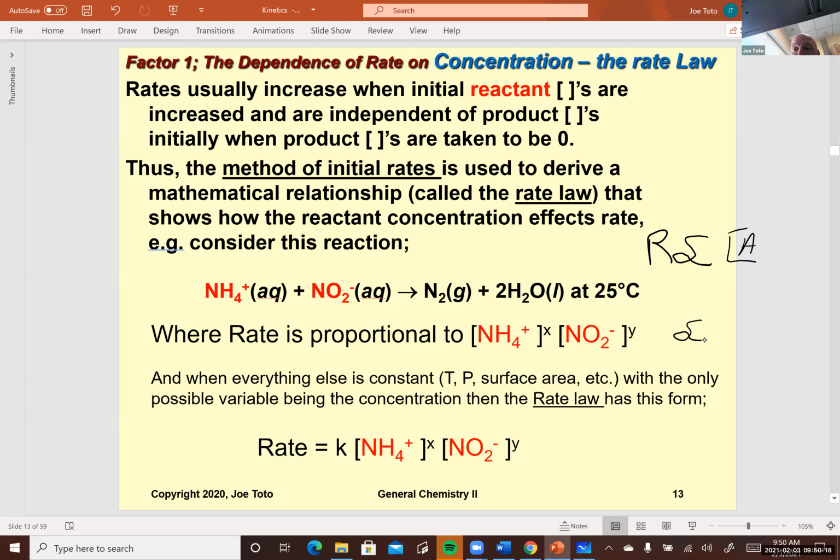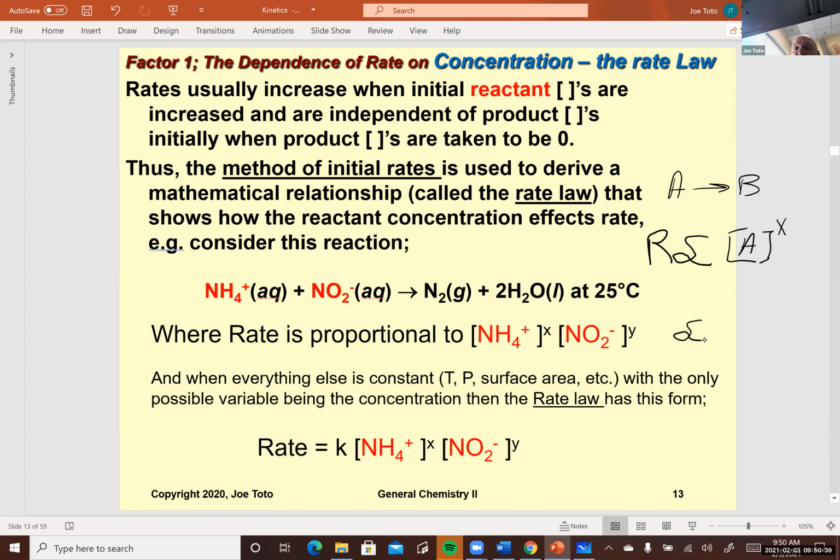So if I have some reaction A going to B, then the rate law is going to be proportional to that concentration A. And I don't know if it's going to be a linear type of relationship or a quadratic.